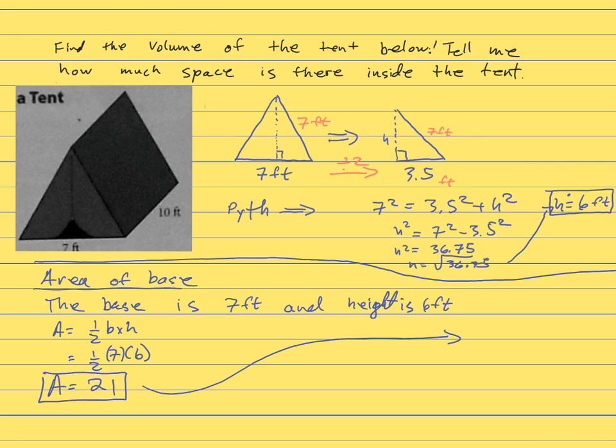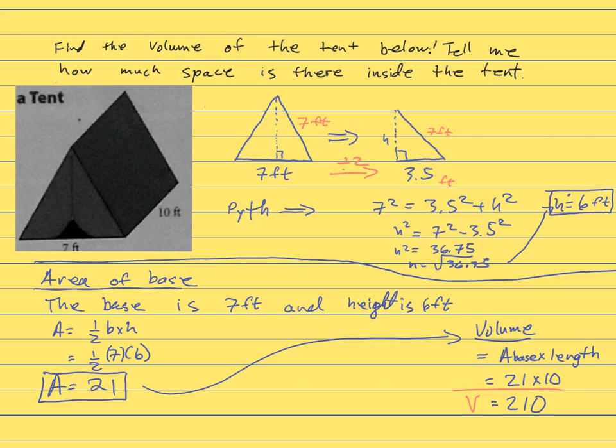Now, we must find the volume, which is equal to the area of the base times the height. No, not the height, but the length. So we end up with 21 times 10 from here, which gives us 210.